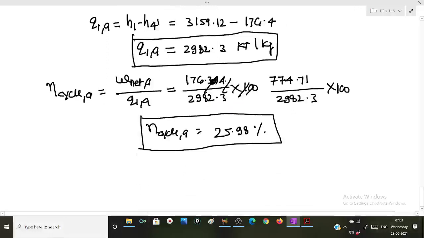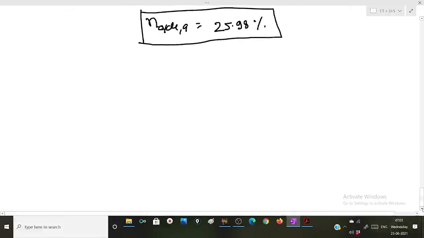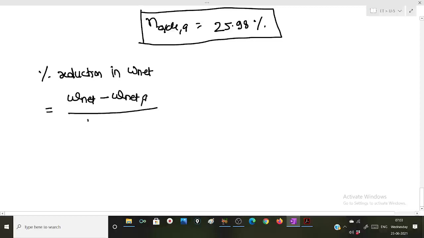Now we have seen this, that in actual cycle, net work output as well as cycle efficiency will get decreased. So let us calculate percentage reduction in net work output. This will be equal to ideal net work output minus actual net work output divided by ideal net work output.